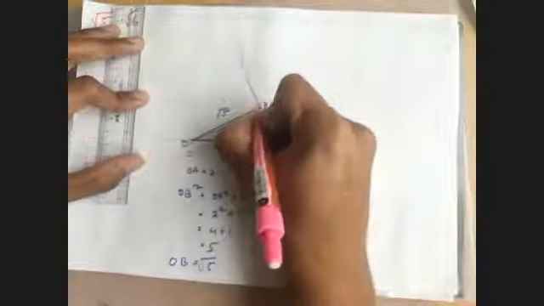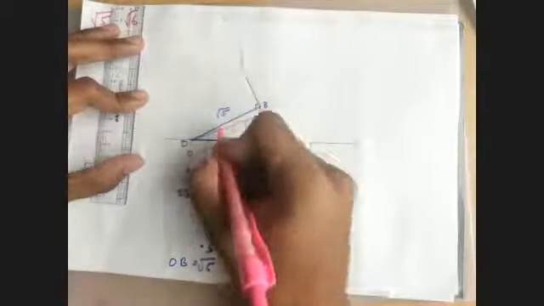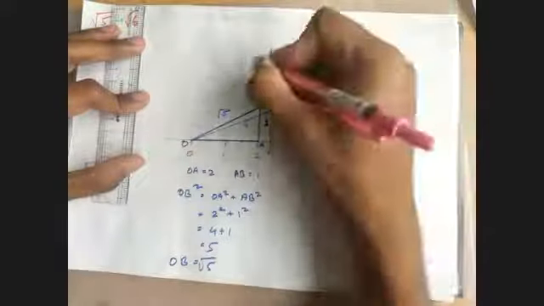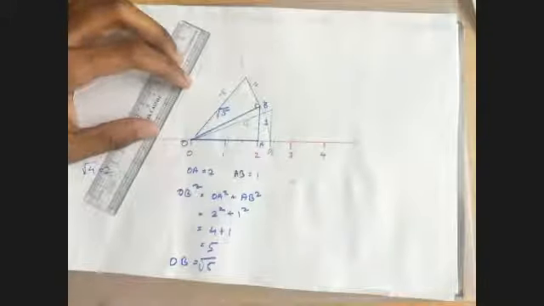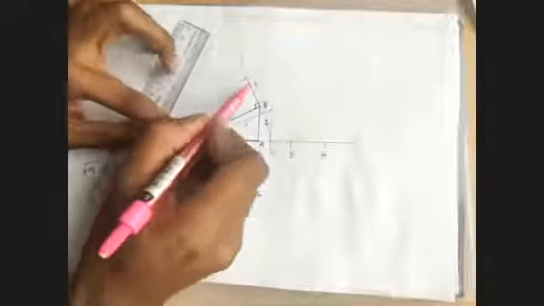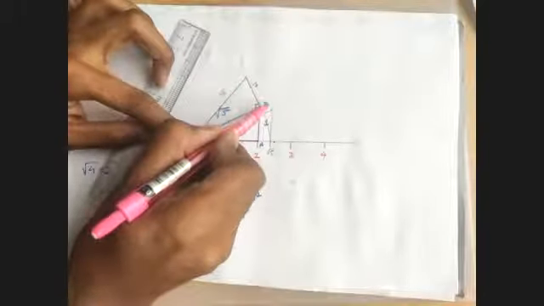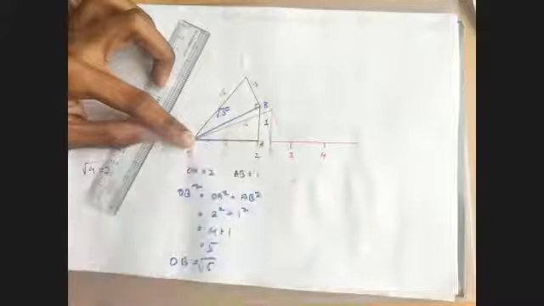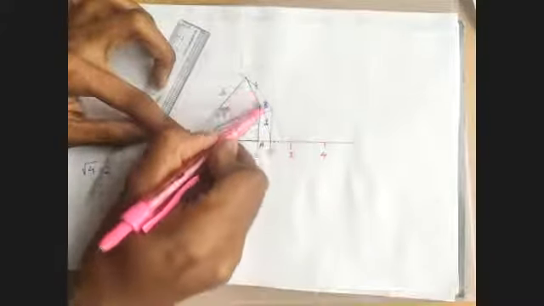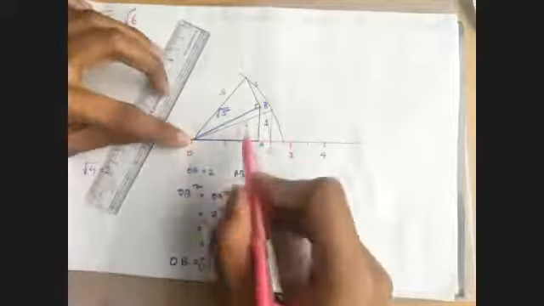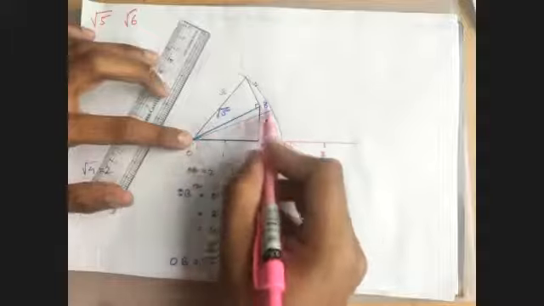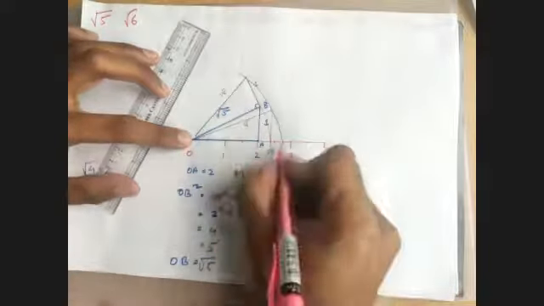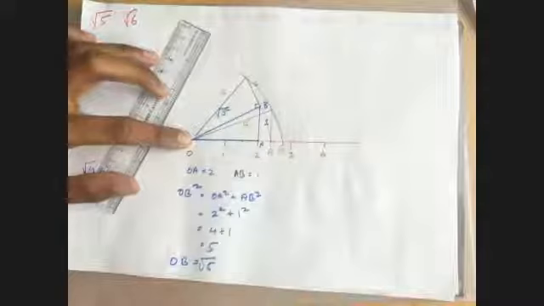This line is perpendicular to OB, and this is of unit length. This is also equal to root 6. So if we take a compass and join this, it is the same. This is also root 6. So there are two ways of finding root 6. You can do it this way, or you can do it in this way also. So this is root 6 value.